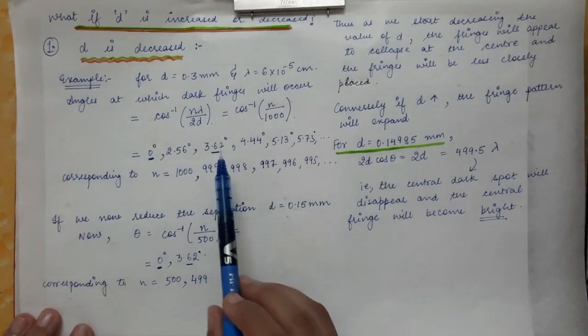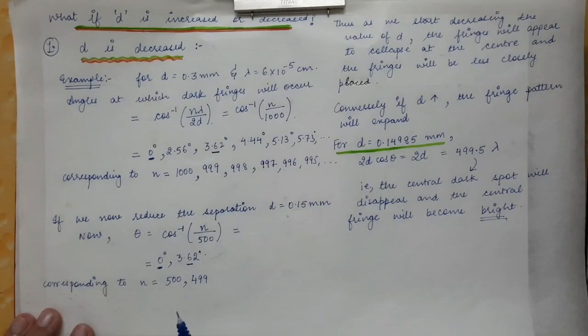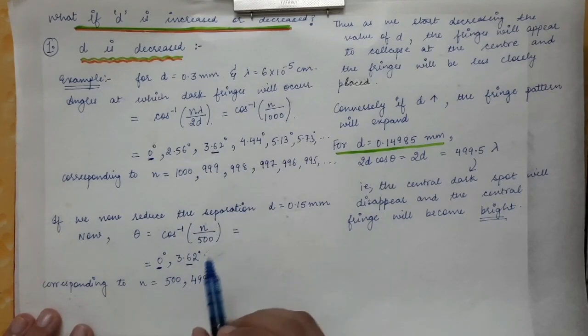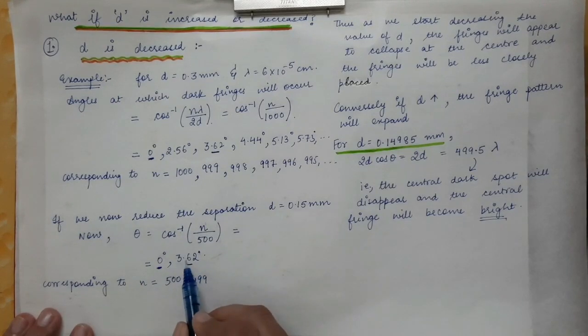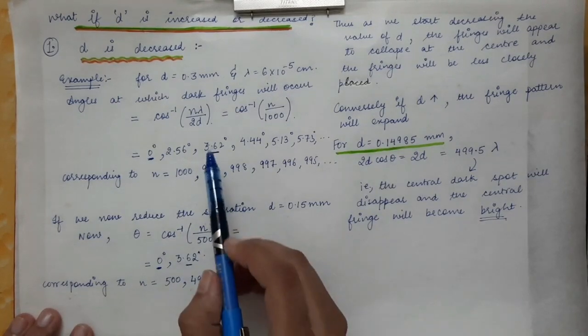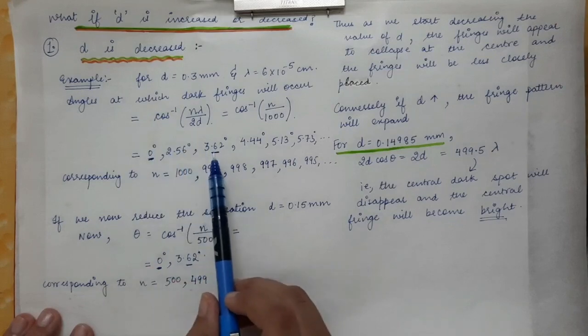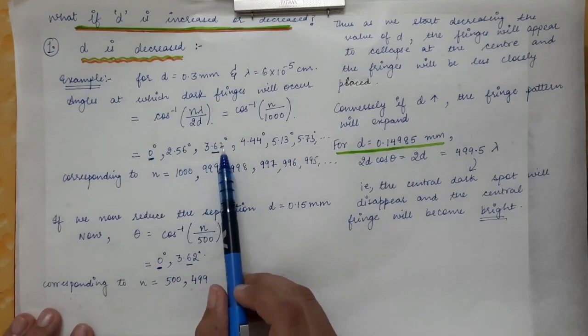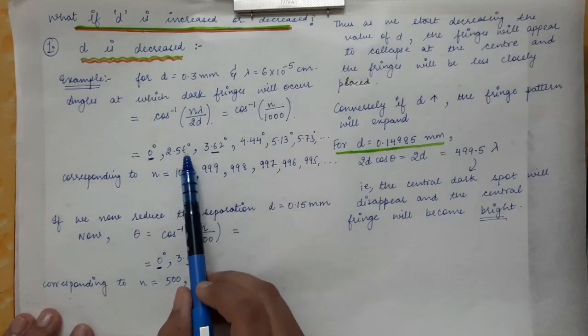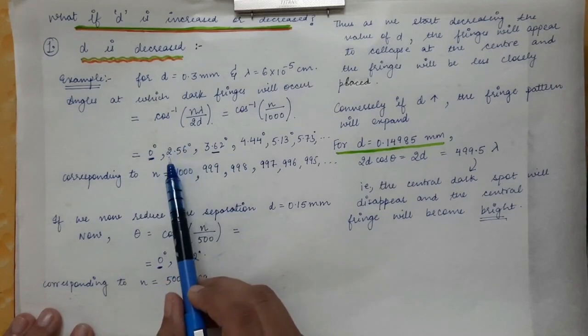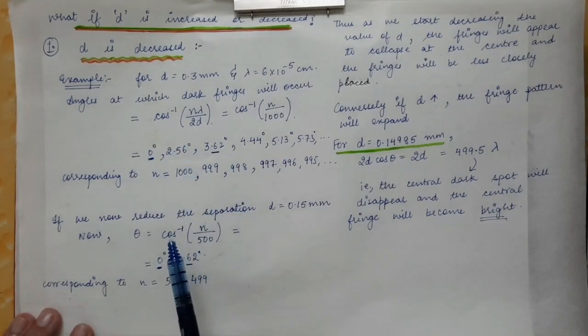So in the second case the first dark fringe will occur at 3.62 degrees, whereas earlier the second dark fringe was occurring at 3.62 degrees and the first was at 2.56 degrees. So there is no dark fringe at 2.56 degrees in the second case.